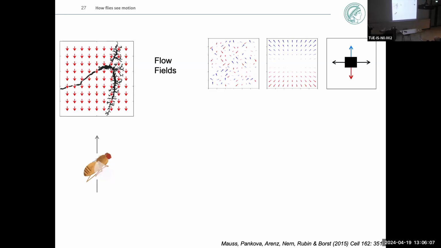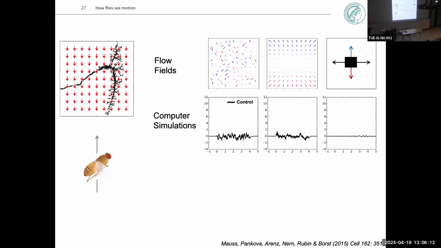when we do a computer simulation of the full circuit, including these inhibitory neurons, then in the computer simulations, the response to these other flow fields, non-preferred flow fields, so to say, is pretty much zero. Now, if we take out this inhibition from these LPi cells in the computer simulation, then you only have the excitatory input and you see a large depolarization to the random flow fields, to the expansion flow field, to the looming square.